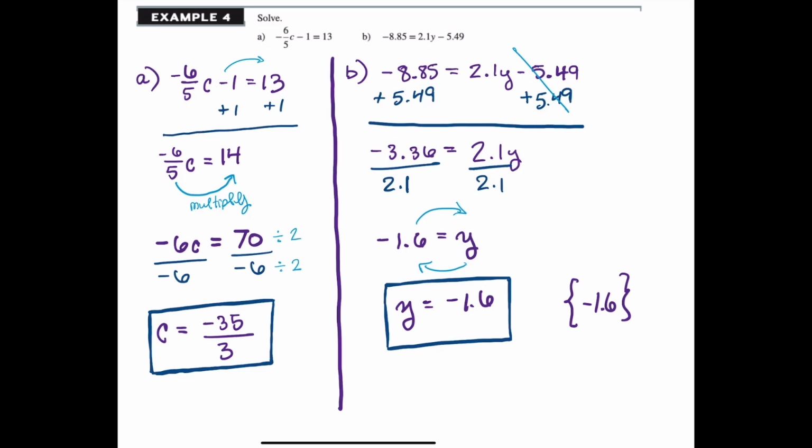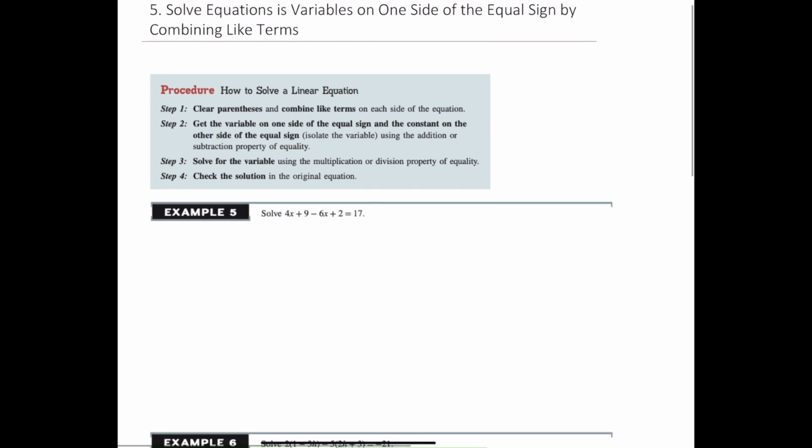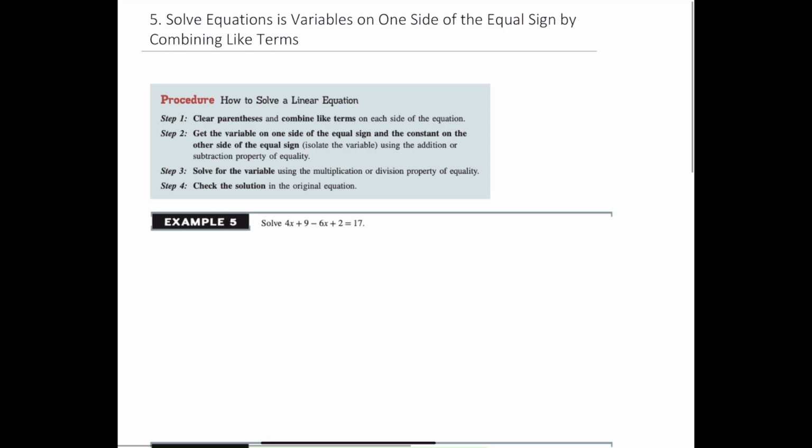All right, just to add a few more extra steps. Here we're solving equations. I think this is supposed to be with variables on one side of the equal sign by combining like terms.